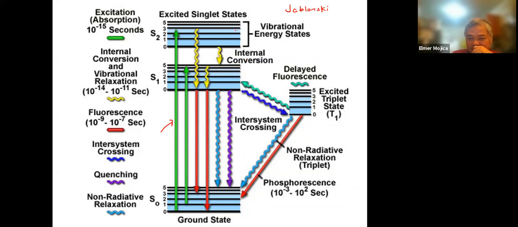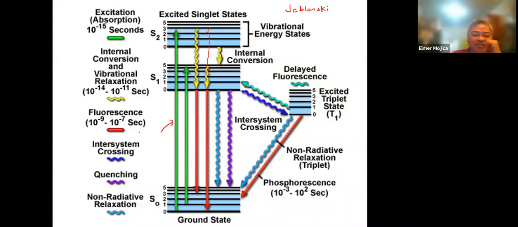So kapag between vibrational energy states here, maybe yung dito lang or doon sa side na yon, yun yung tinatawag na vibrational relaxation. Okay? Now, dito natin makikita saan yung singlet state at yung tinatawag na triplet state.